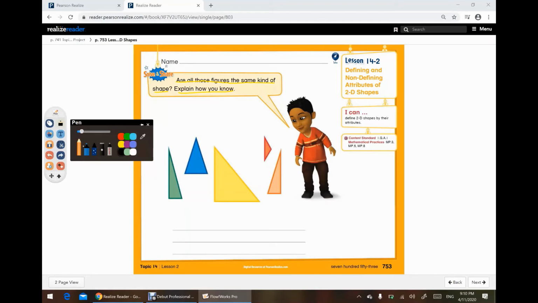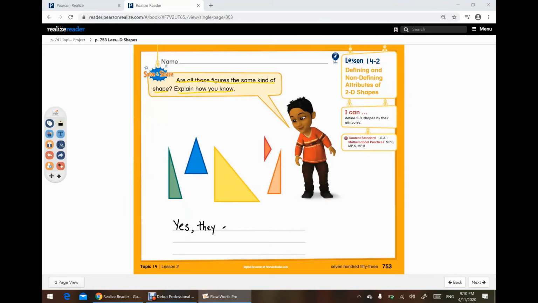So here you can write, yes, they are of the same kind. It has 3 sides, 3 vertices, and they all are closed shapes.